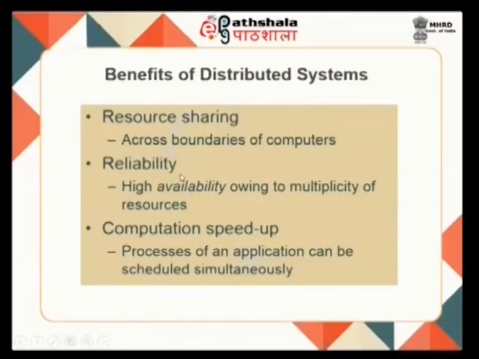Next is reliability. Reliability indicates the availability of the resources. Since it is a distributed environment, a resource can be present in multiple locations, and even if there is a problem with one of the systems, the other copies of the resources can be used by the users. Therefore, resources in a distributed system are always very reliable.